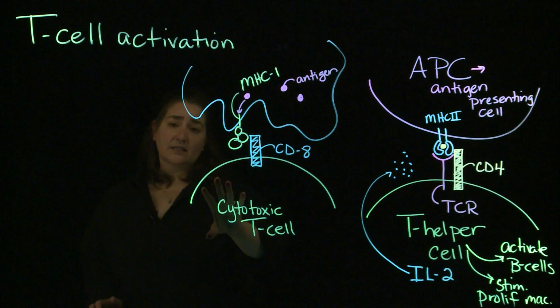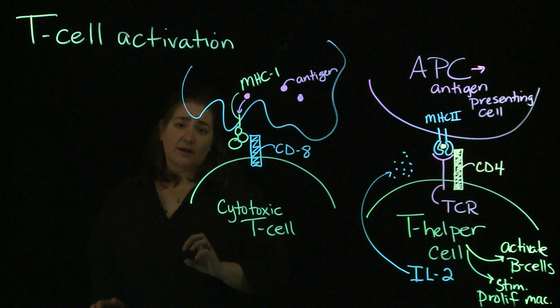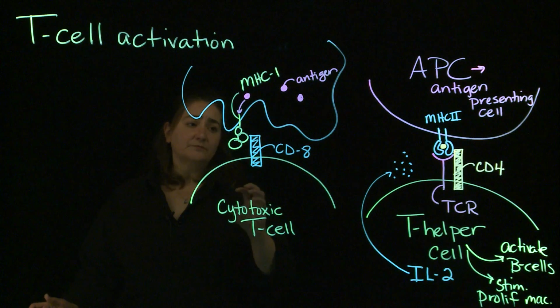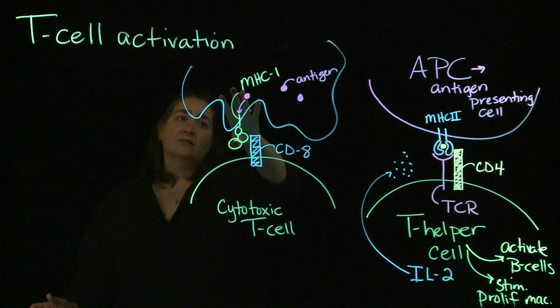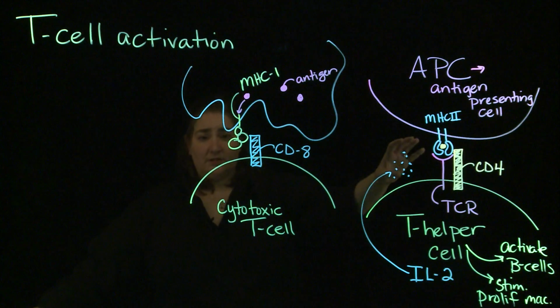Our cytotoxic T cell is going to be a little bit different in its interaction. The cytotoxic T cell is going to involve a complex between CD8 and the major histocompatibility complex 1. That's one of the first differences.